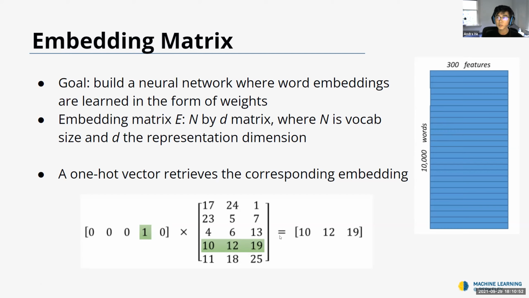What happens when you multiply it by the matrix is that it retrieves just the embedding for the word you queried. The matrix product is just that one row in the matrix, and that row represents the word at this index.